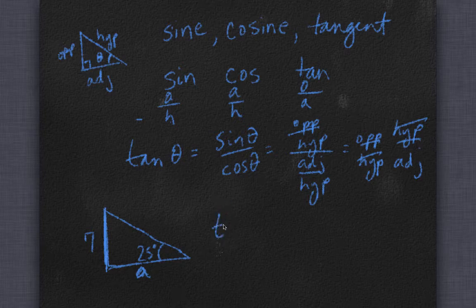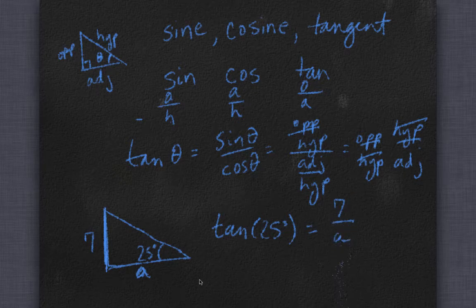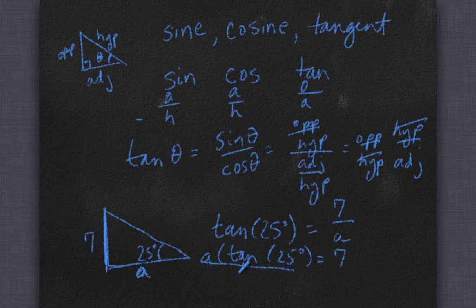So what we would write is tangent of 25 degrees equals 7 over adjacent, which you might name something else. So then A times tangent 25 degrees is 7. So then I would divide by tangent 25 degrees.